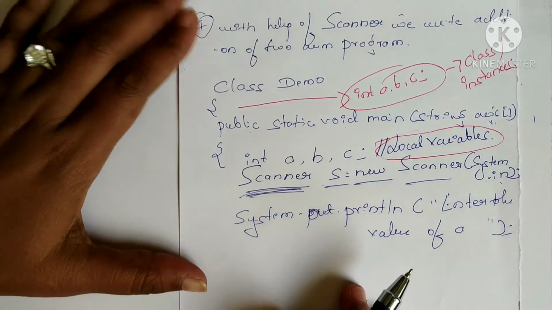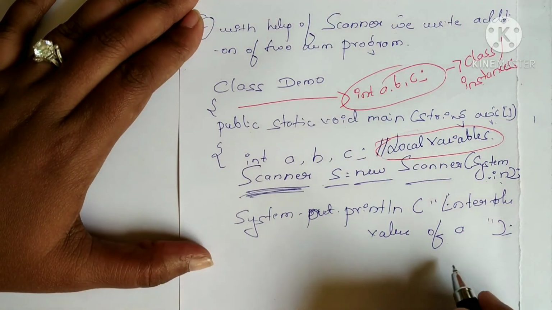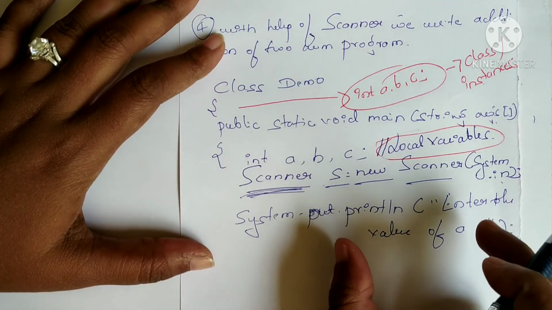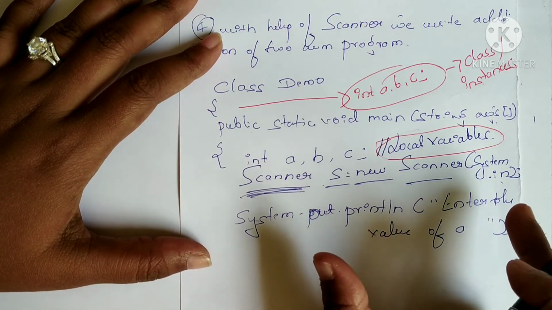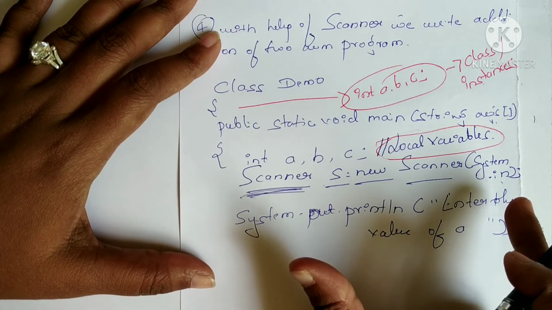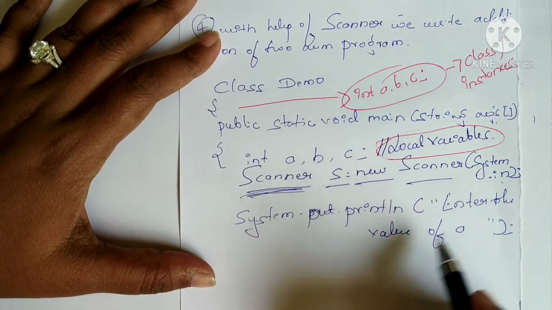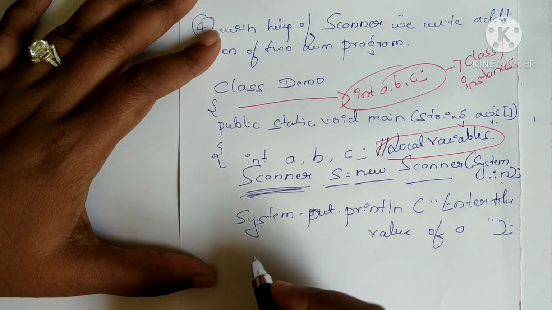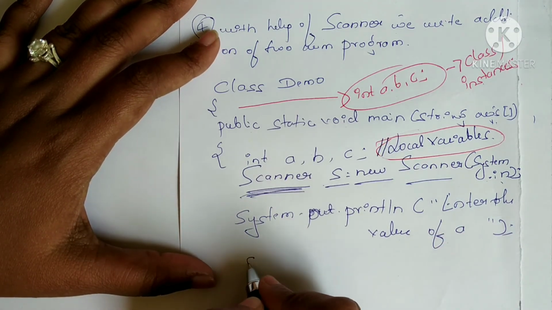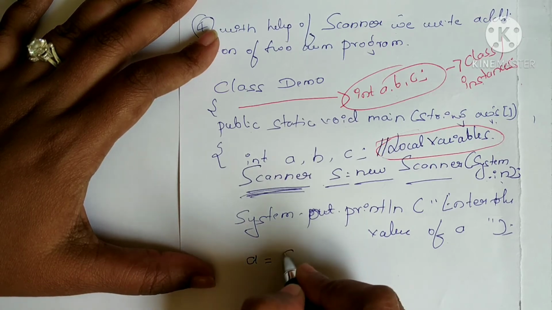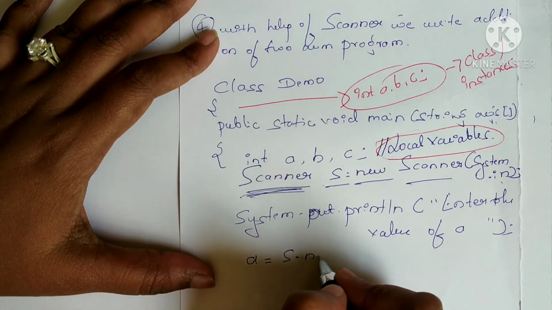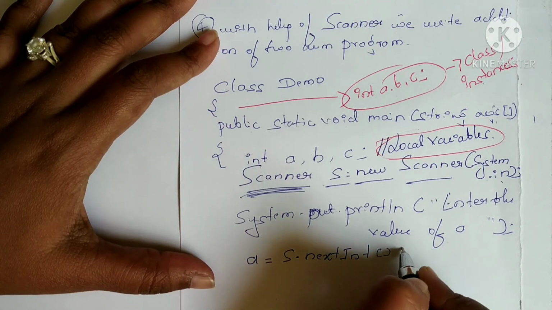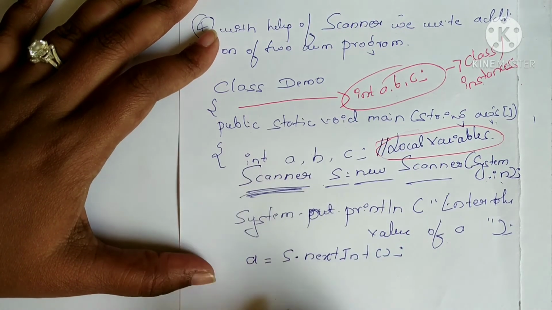Then next is the statement Enter the value of a. This statement is used to print the message. For storing a's value, we write another statement, that is a equal to s dot nextInt.